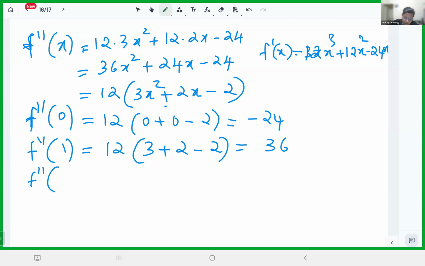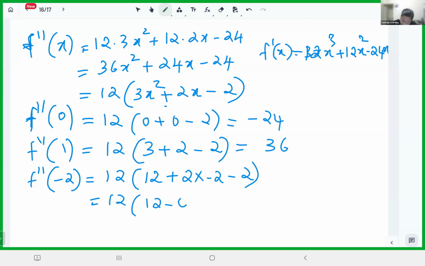The third critical point was minus 2. f double dash of minus 2 is 12 into 3 into 4, which is 12, plus 2 into minus 2.